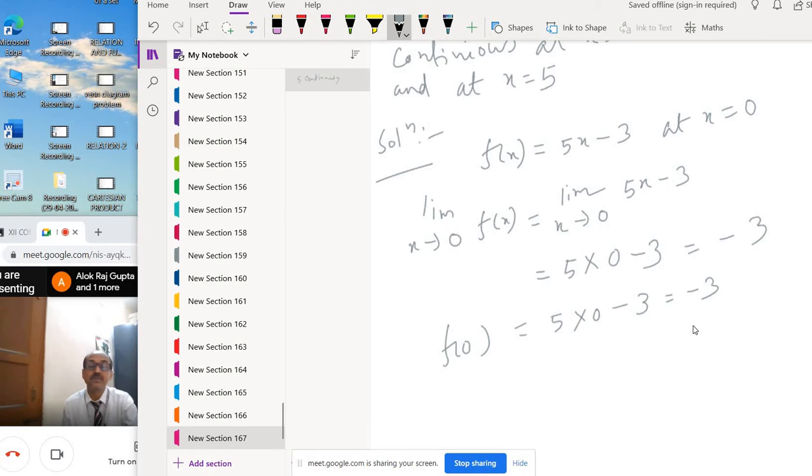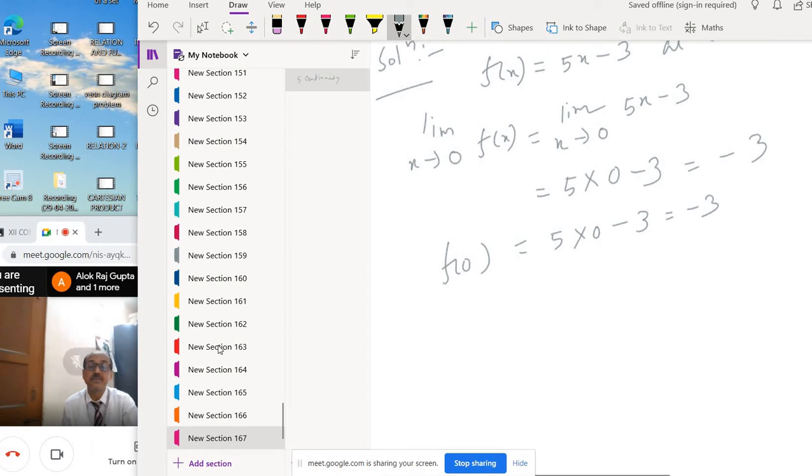Therefore the limit as x tends to 0 of f(x) equals f(0). Both are minus 3. Both values are the same, so now we can say f(x) is continuous at x equal to 0.